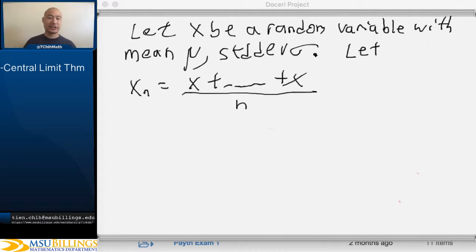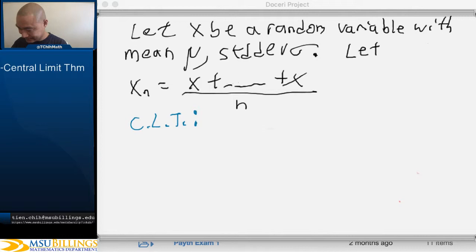So let's consider this a brand new slide. So we still have x as a random variable with mean mu, standard deviation sigma, and we're still going to let xn be the average of a bunch of x's, n of them to be precise. What the central limit theorem states. The central limit theorem.